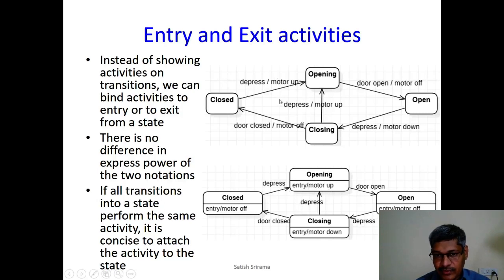See what we are doing. We don't have to write this activity every time. So if all transitions into a state perform the same activity, it is concise to attach the activity to the state. That's one of the advantages of putting the activities on the state.